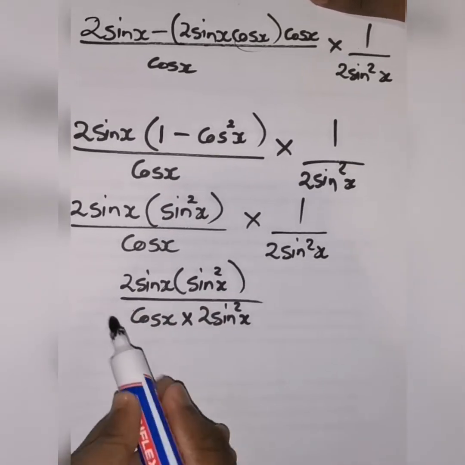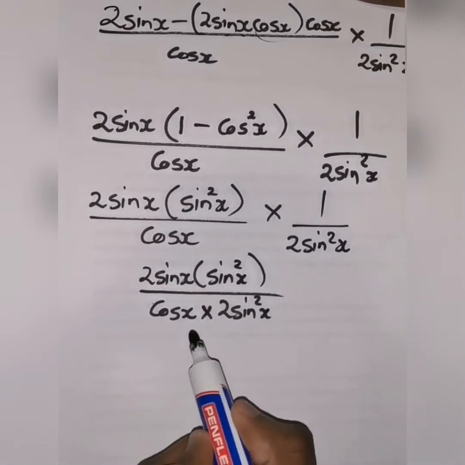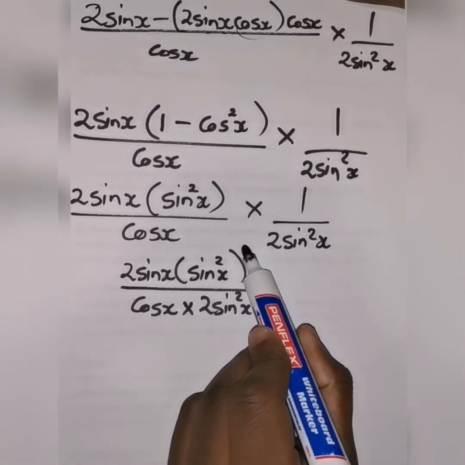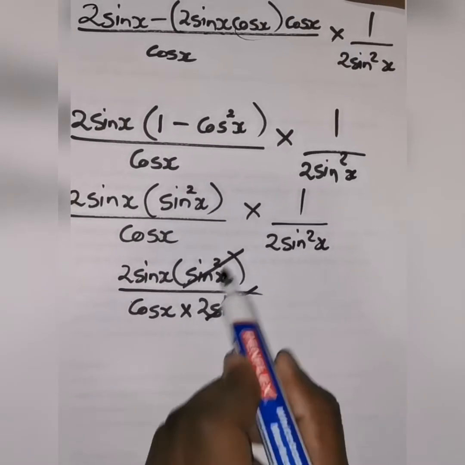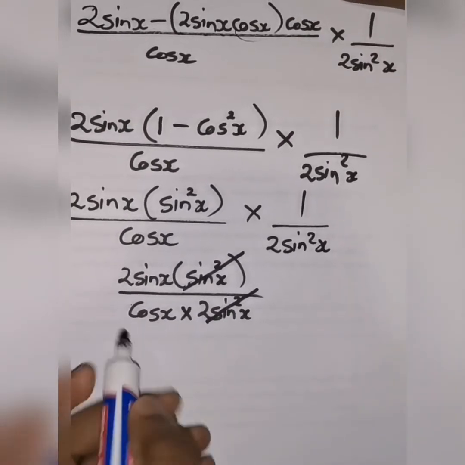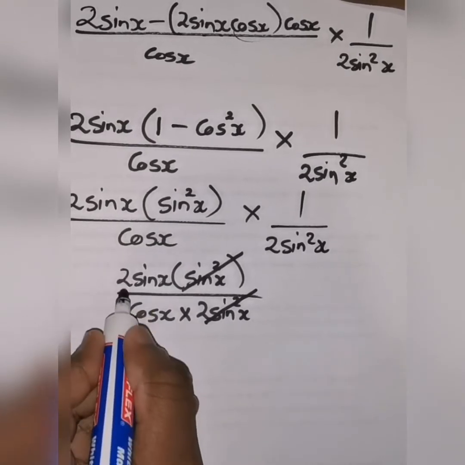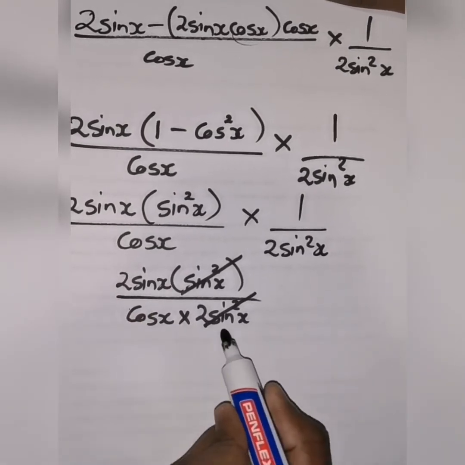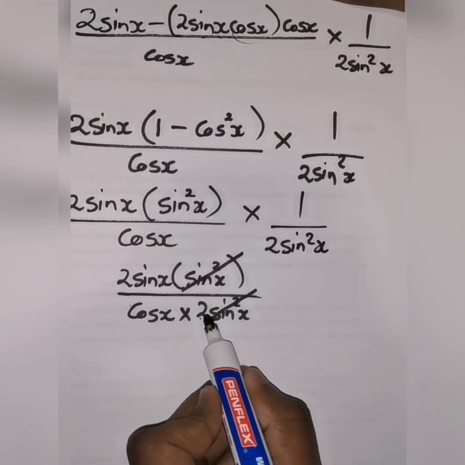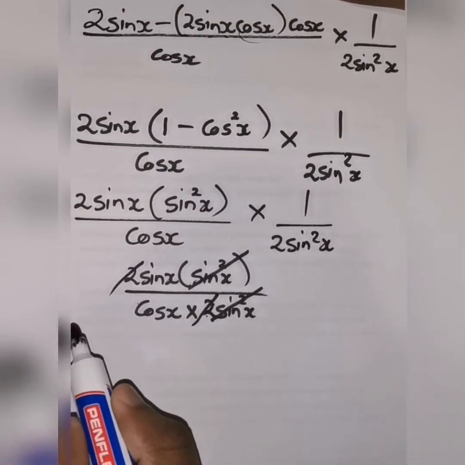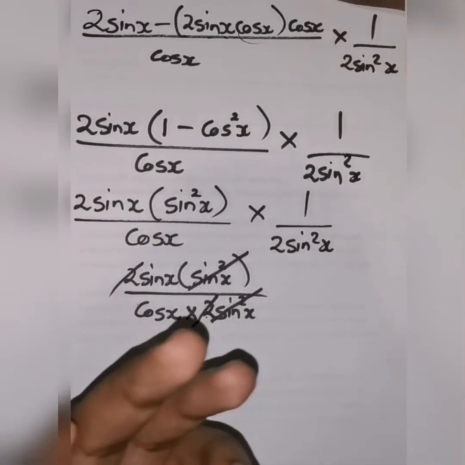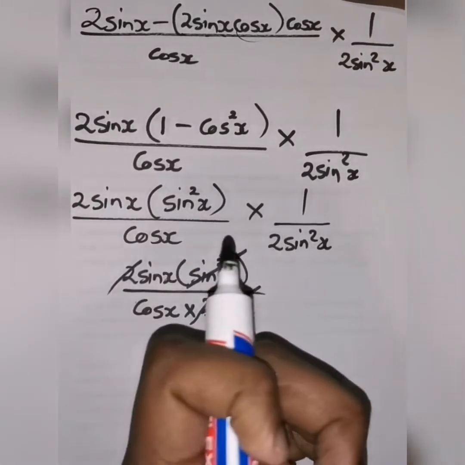Looking at these terms, you will see that we can cancel out sine x squared because it's on the top and on the bottom. Also notice the 2 right here. This 2 will cancel that 2 there. Actually, it's not even cancelling, something divided by itself gives us 1.